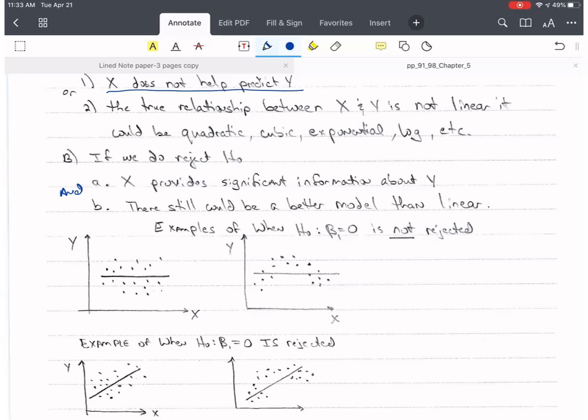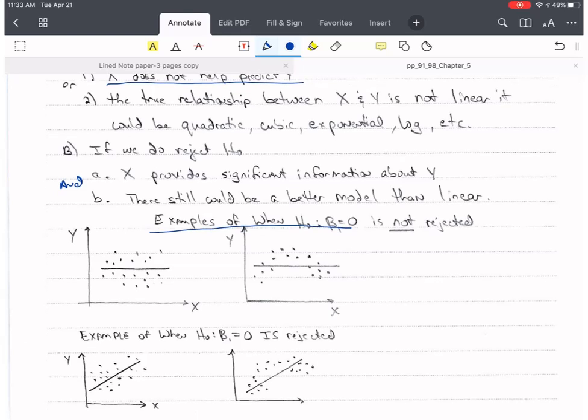So here's some examples of when beta 1 equals 0 is not rejected. If it's not rejected, then that means that we can assume that the slope is 0. And so if we have this, then there is no association. But here we could fit a best line that is quadratic through this, but the best straight line fit through this would still be y is equal to some constant, beta naught.